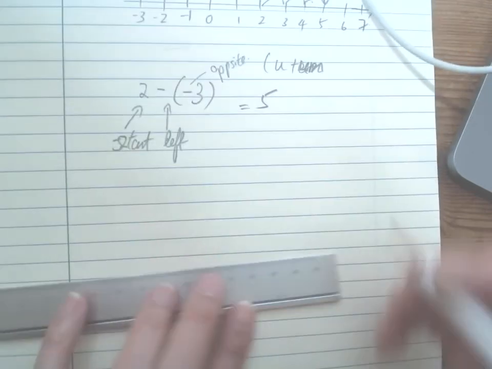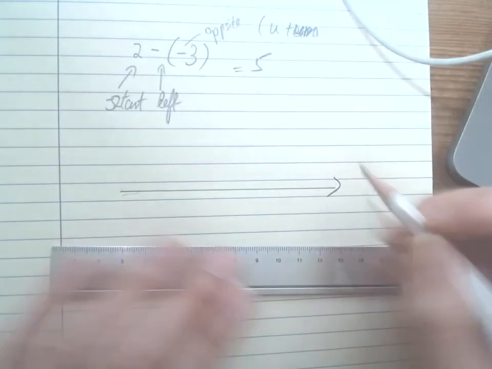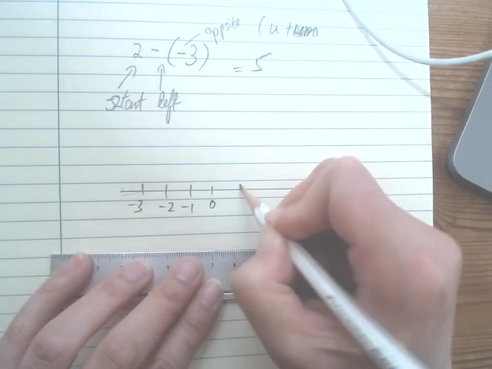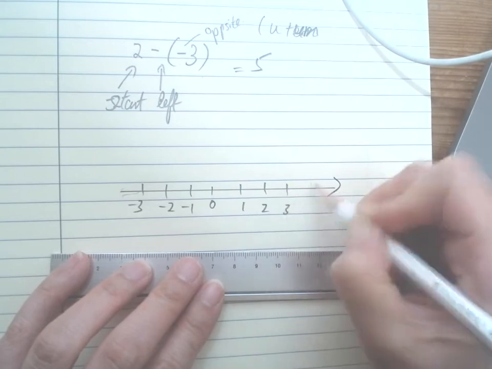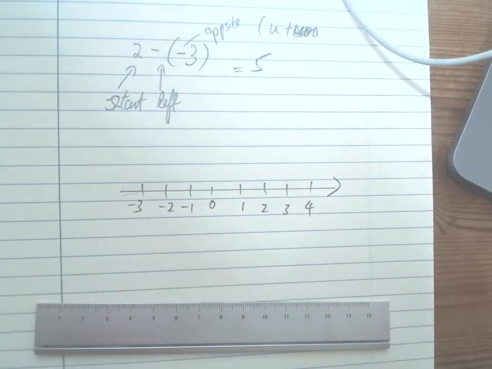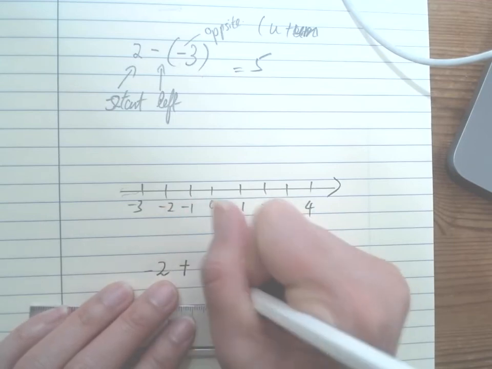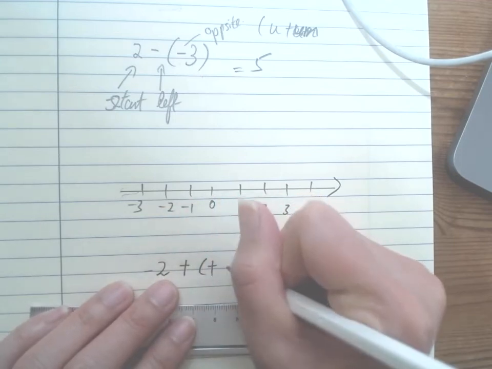Well, let's try the other one. We could do the other bit as well. We do the same thing with those. So negative 2 plus positive 3.